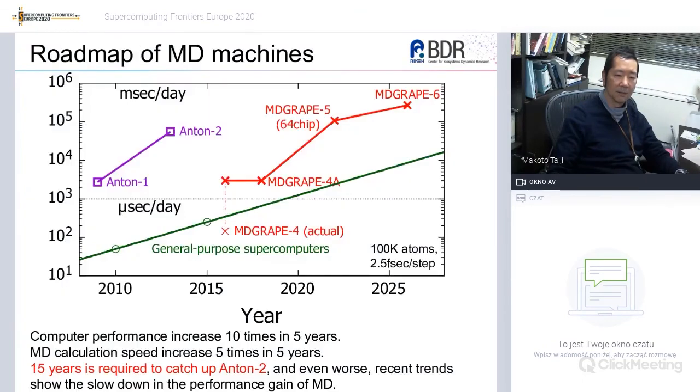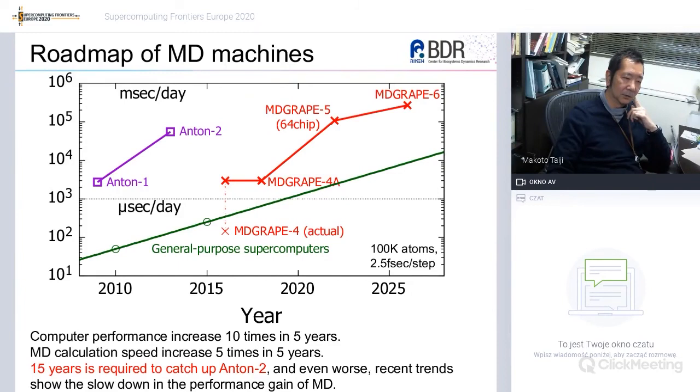MDGRAPE-4 is a little bit slower at this moment, but our target in MDGRAPE-5 is to achieve about 100 microseconds per day with a 64-chip system.